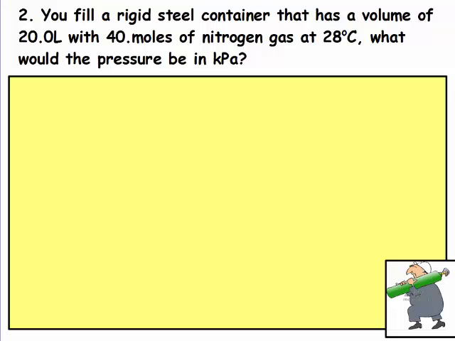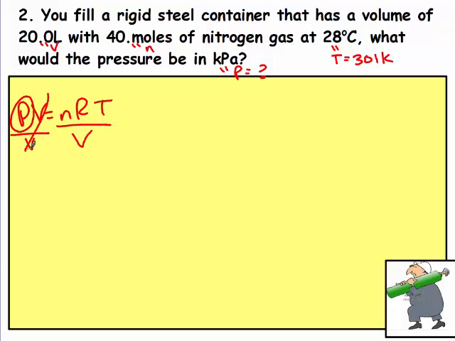First step, label all of our variables. We have 1 temperature, 1 pressure, 1 volume. We have moles, so we're using Pivnert. This time it says what is the pressure, so I'm looking for P. So I've got to get rid of V. And now I'm going to plug everything in.